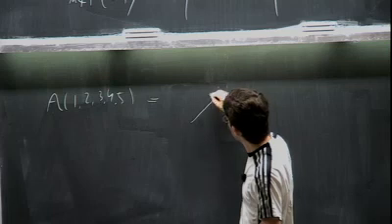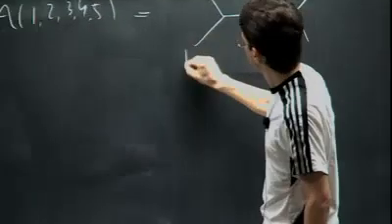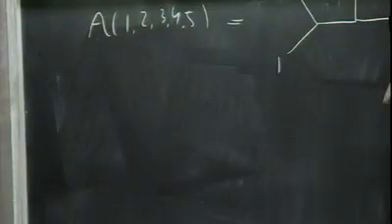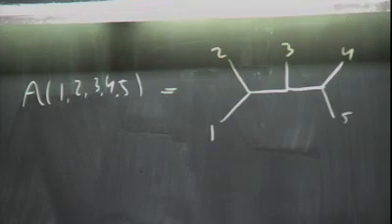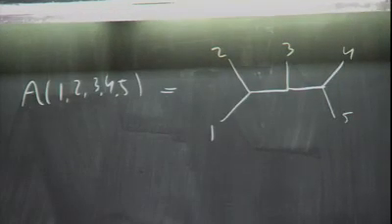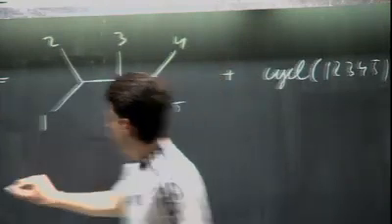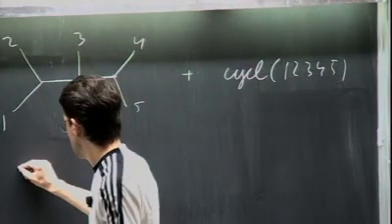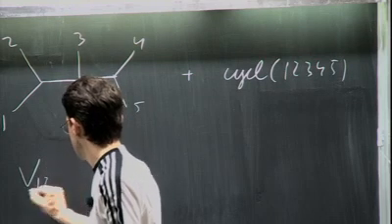Okay, so the 5-point amplitude can be described by 5 diagrams like this, cyclic 1, 2, 3, 4, 5. And after you play a bit with these guys, you can come up with the following ansatz.